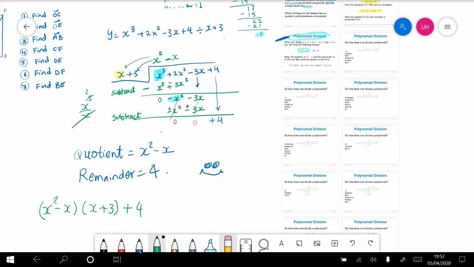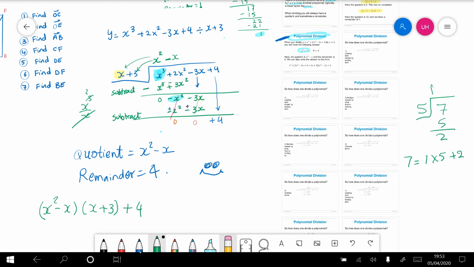If we do 7 divided by 5, the answer is 1 times 5, which is 5, then 2 remainder. So we can say 7 equals 1 times 5 plus 2.